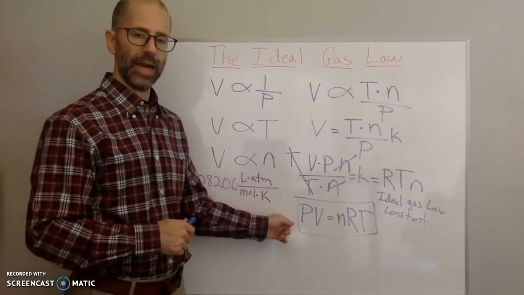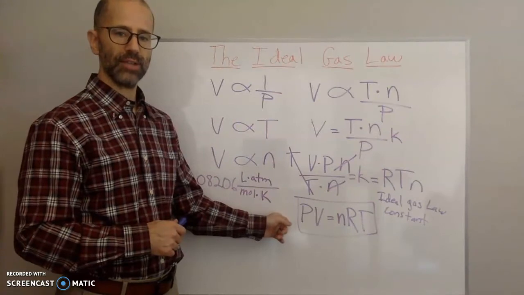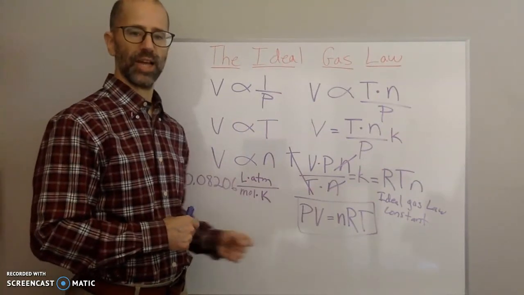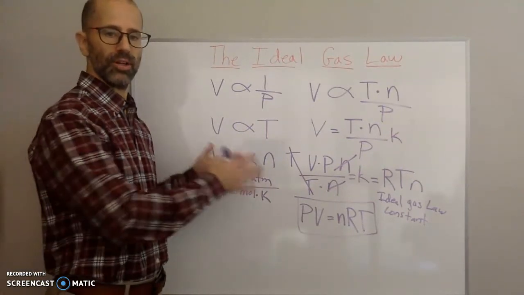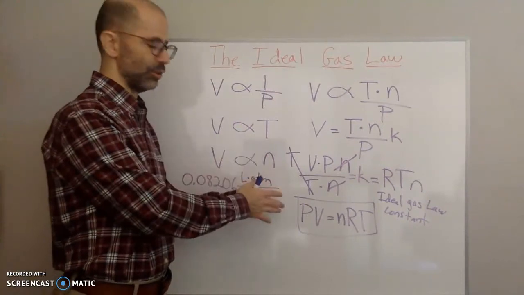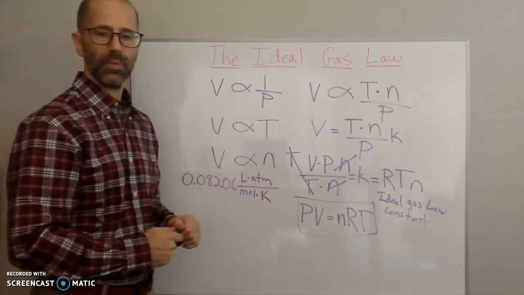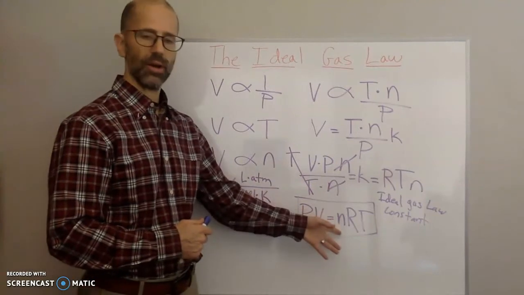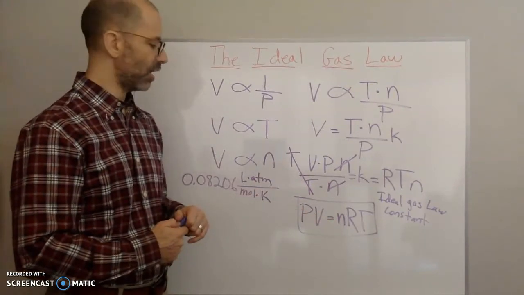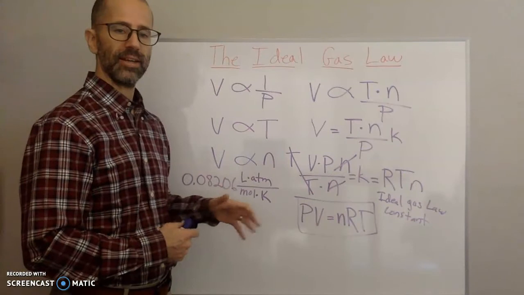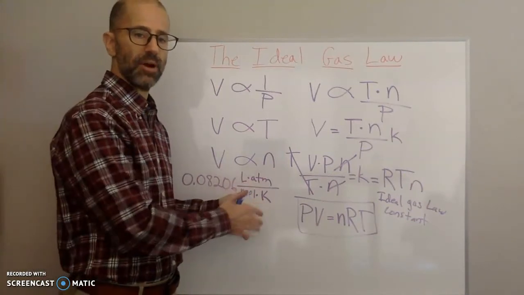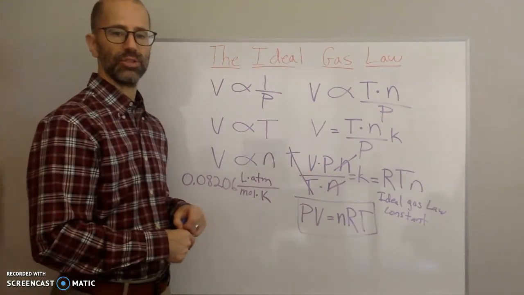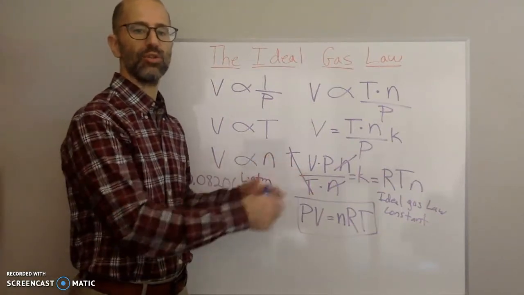You could actually do that with the ideal gas law, but you would have to solve the ideal gas law twice. You plug the initial conditions into your ideal gas law, solve for the missing part, and then plug it in and use the ideal gas law in the new set of conditions.